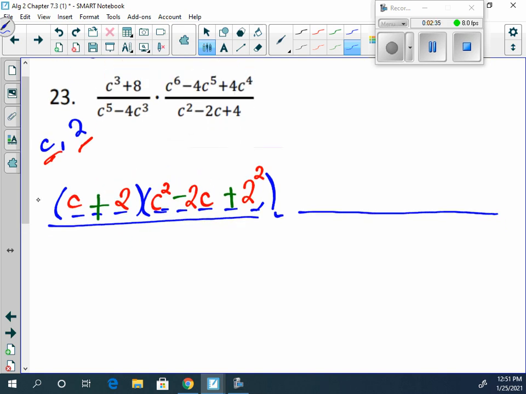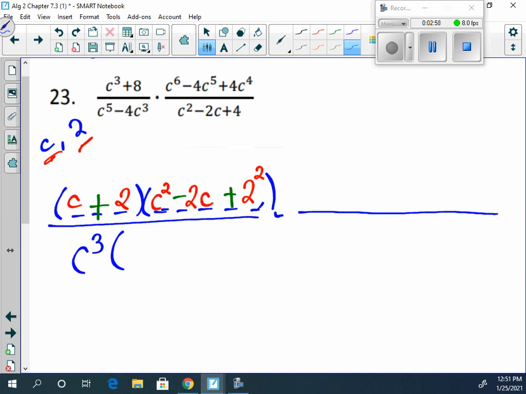Now, if we look at the denominator of the first fraction, we have c to the 5th minus 4c cubed. What can we do to simplify this, to factor it? Yes, and that's where I would start. I would start out by factoring c cubed because there is a greatest common factor of c to the third, so we can factor it out.